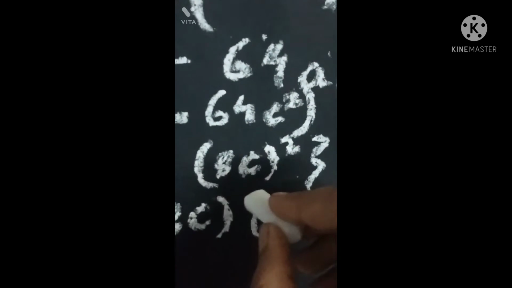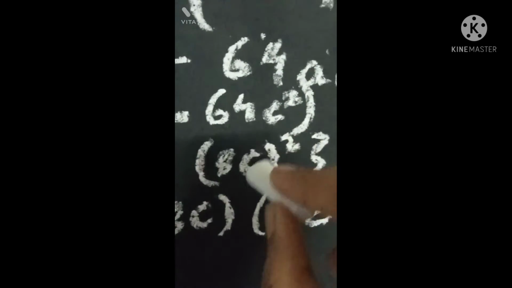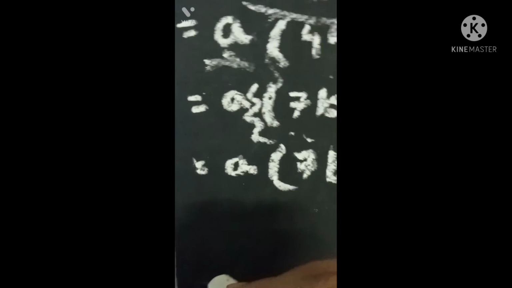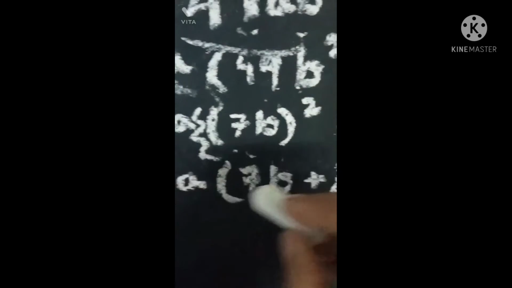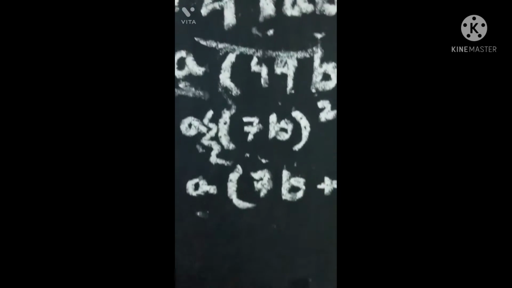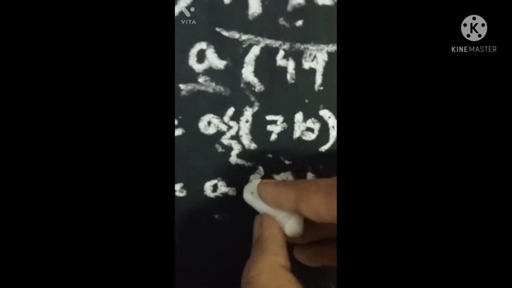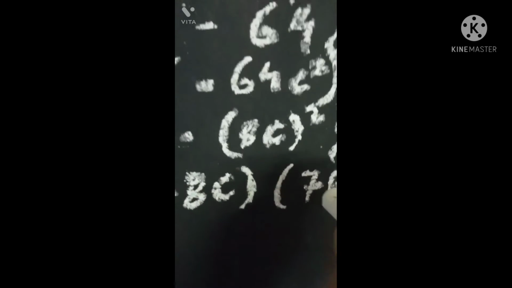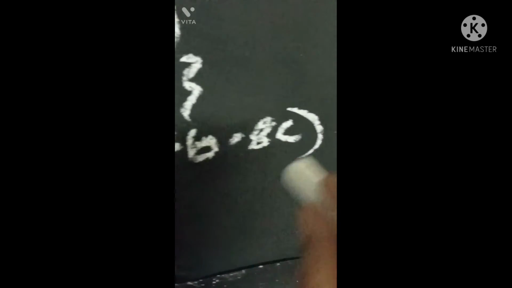So the square root is 8c, and then the first bracket is closed, then the second bracket is also closed, and then again we have taken a common. The a common is already there, so we have written it here, and then 7b plus 8c, again 7b minus 8c.